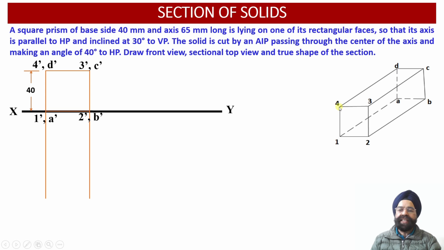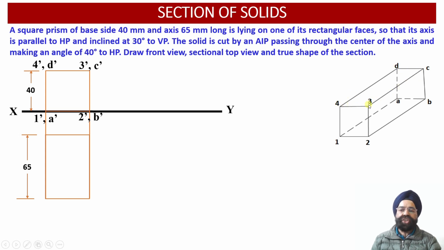That is the distance between the points 4 and D, 1 and A, 2 and B, 3 and C happens to be 65 millimeter. Now we can mark this distance of 65 millimeter over here. So this way, the top view rectangular projections of the square prism we can obtain onto the horizontal plane below the XY reference line. And now we can check when we are going to look at the square prism from the top. So this is the rectangular projection we have been able to obtain.